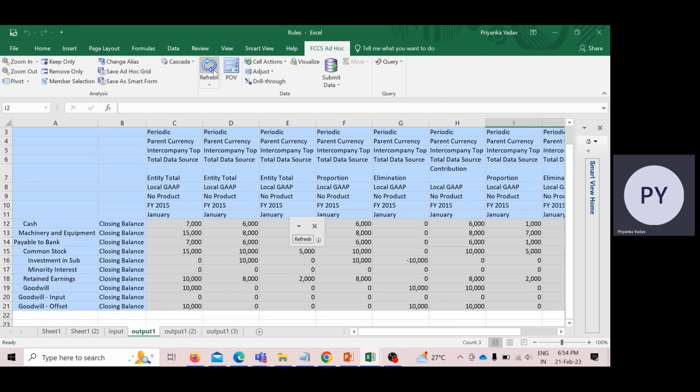So see now what happens. Investment in subsidiary has got eliminated. All the investment has been eliminated and has gone to goodwill offset.